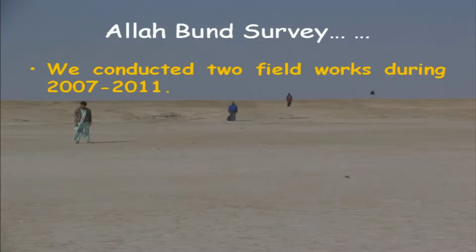So coming to the Alaban part, again the Alaban terrain is a really interesting terrain in terms of cultural settlements, and if we look at the landscape, it is sometimes difficult to connect the two, but we have tried our best to understand what might have happened in the past.